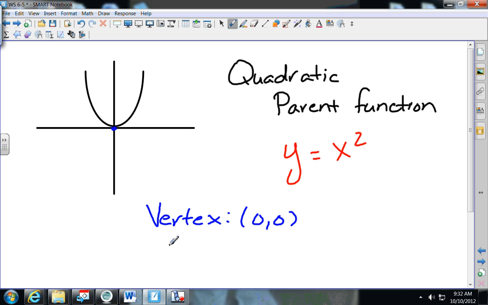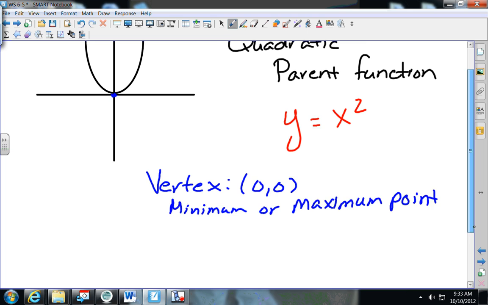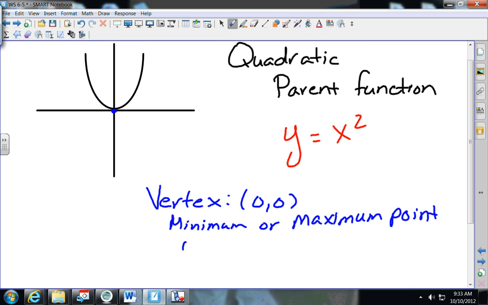But what the vertex means is that it is the minimum or maximum point on the parabola.